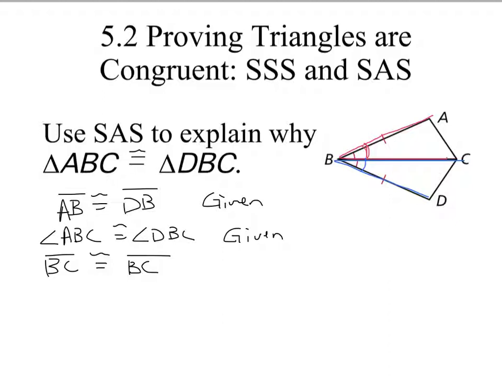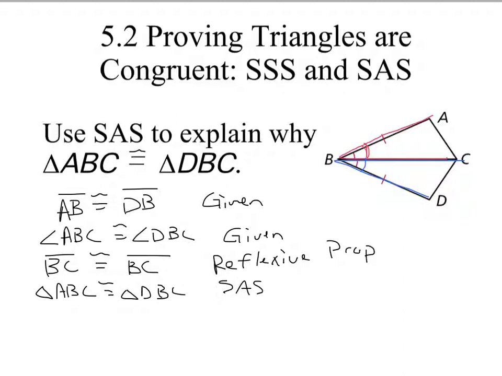Well, again, our friend, the reflexive property of congruence tells me that BC is congruent to BC. So now I have my side, I have the included angle, and I have another side. So I have just proved that triangle ABC is congruent to triangle DBC because of the side angle side theorem. All right?